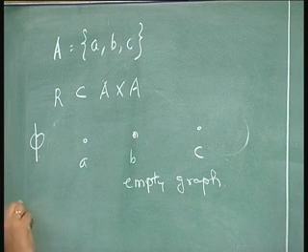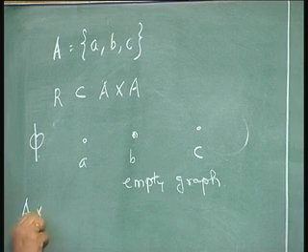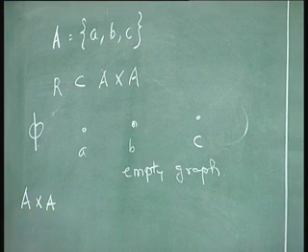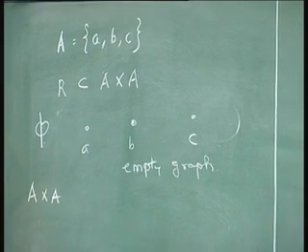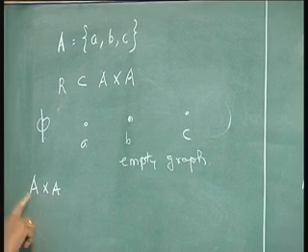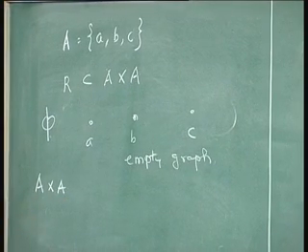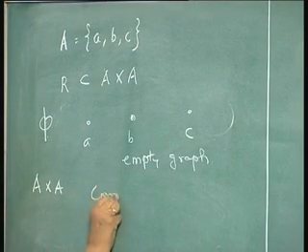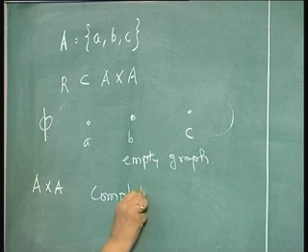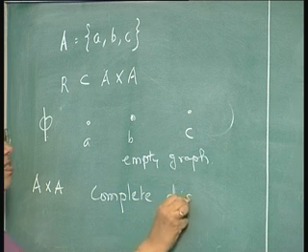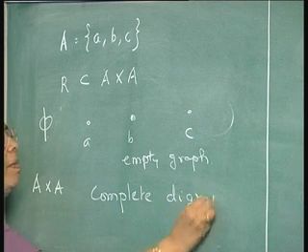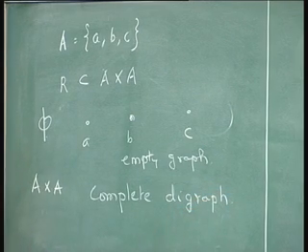The universal relation, A cross A is the universal relation. The graph representing the universal relation A cross A is called a complete digraph. All ordered pairs are present there.